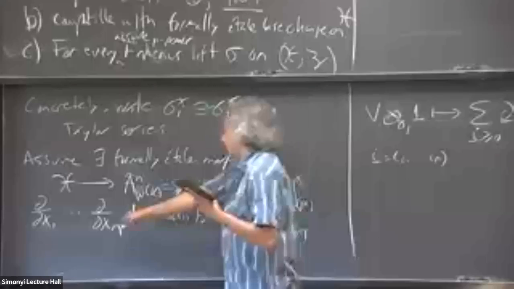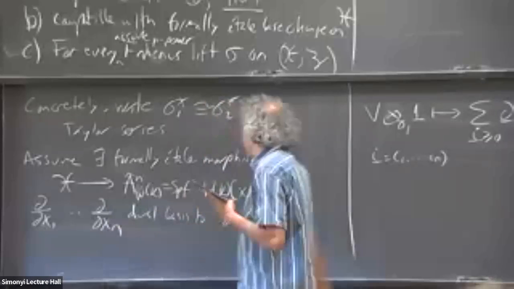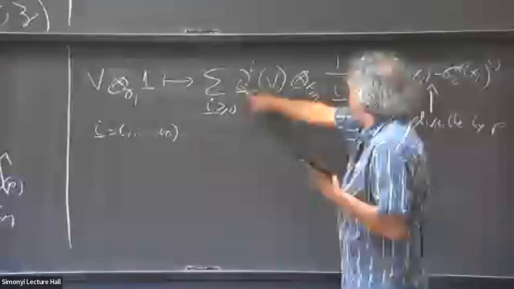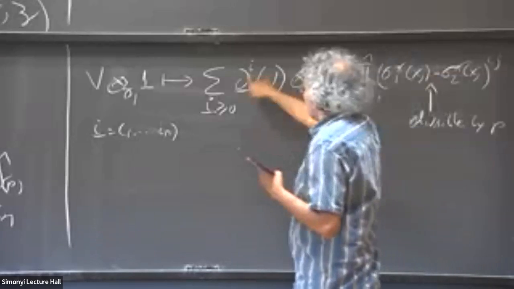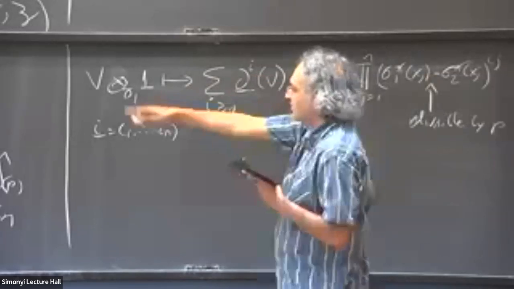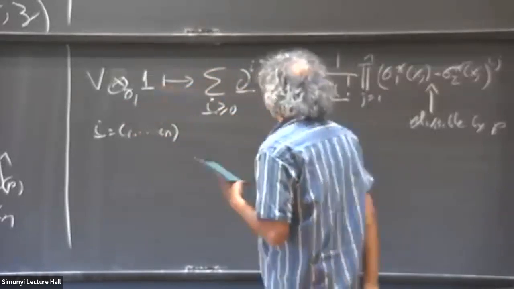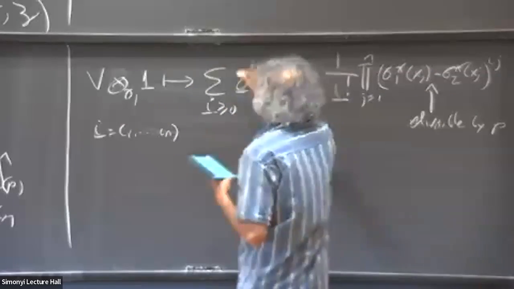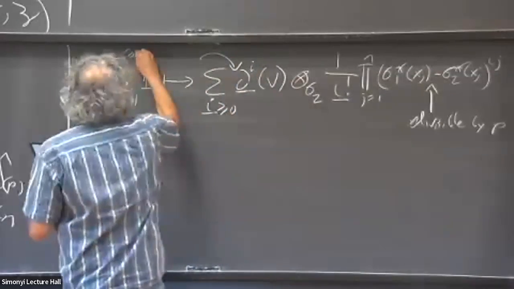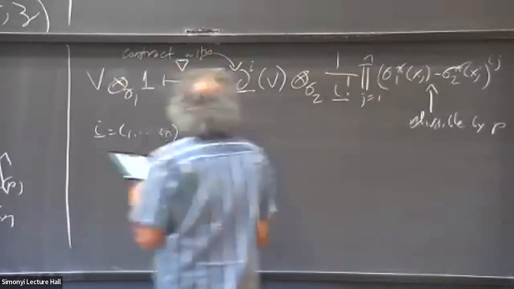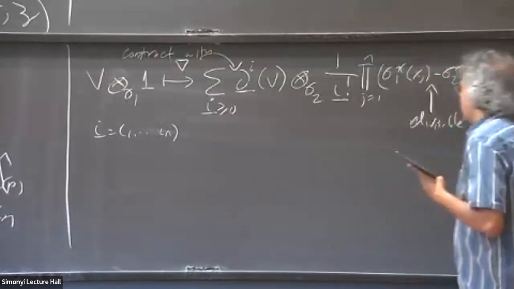So I can have access to this dual basis of partial derivatives. These are the partial derivatives showing up here. Their action is, you contract one of these things with the connection. I'm secretly doing that here, but I'm not putting it in the notation.